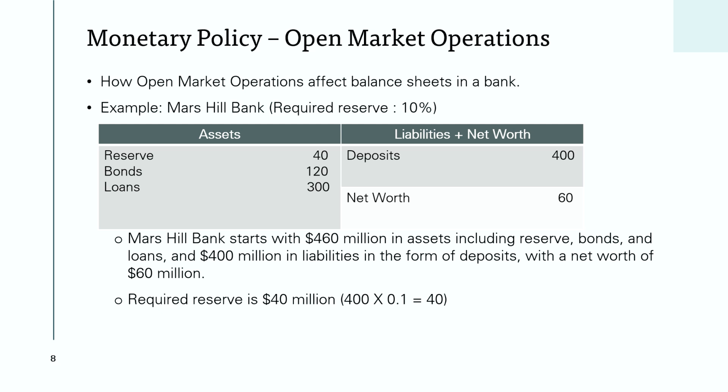With a reserve requirement of 10%, the bank must hold $40 million as required reserves based on the $400 million in deposits. This initial condition sets the stage for examining how a Fed bond purchase affects the bank's balance sheet.